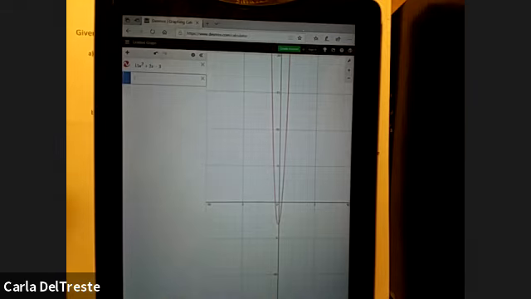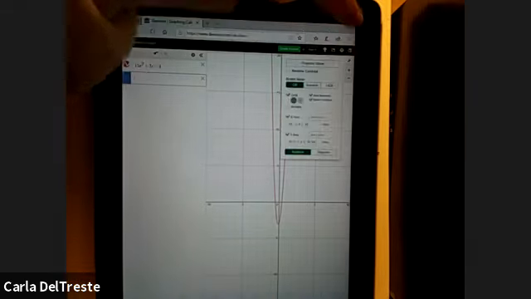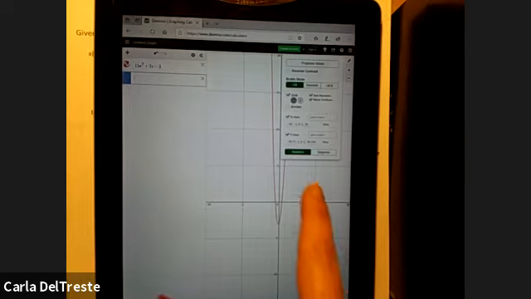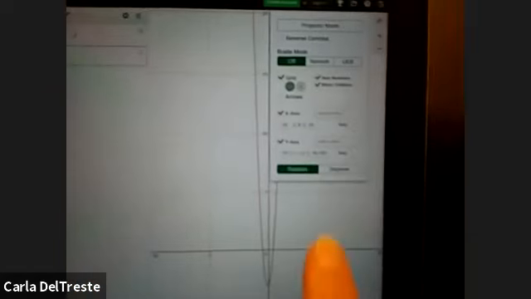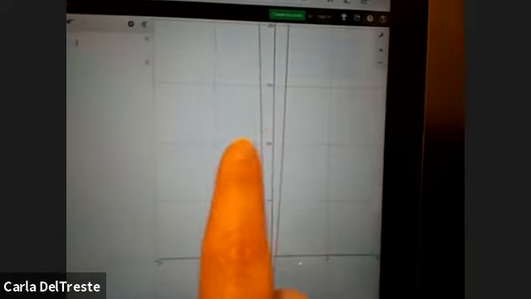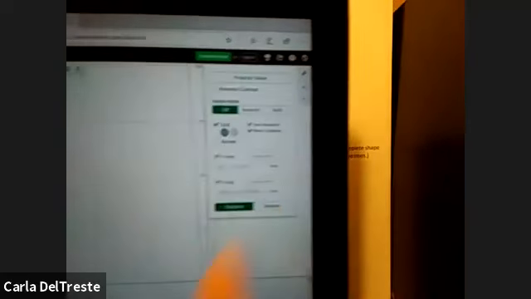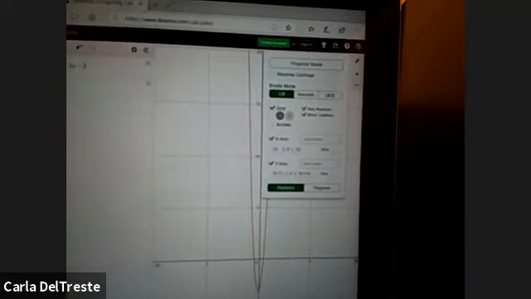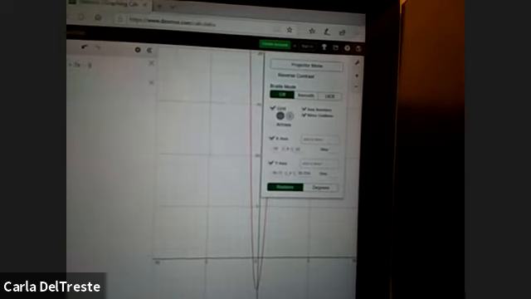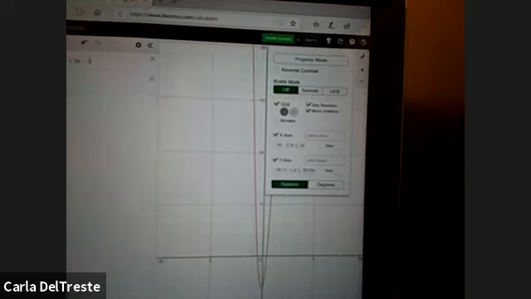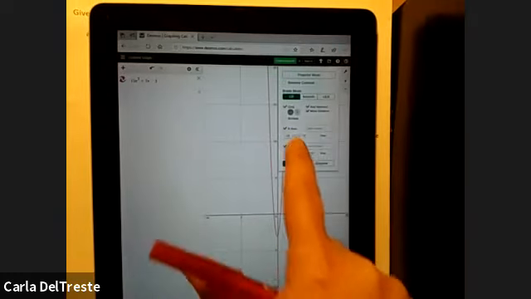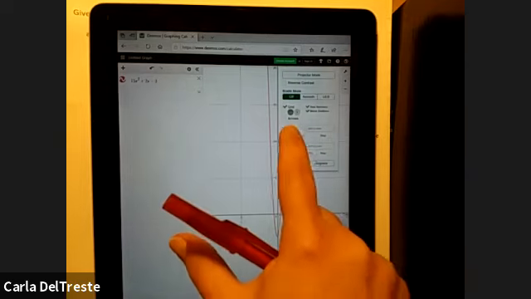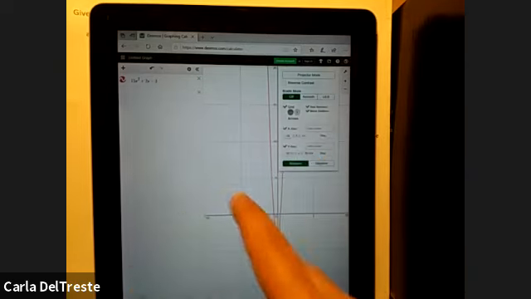So I can go up to this little wrench up here, and I can set values for my x-axis and values for my y-axis. So I'm going to change my x-axis to go from -3.